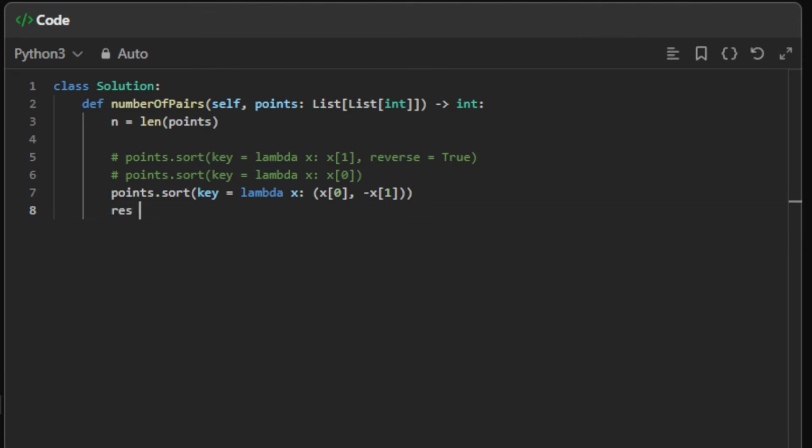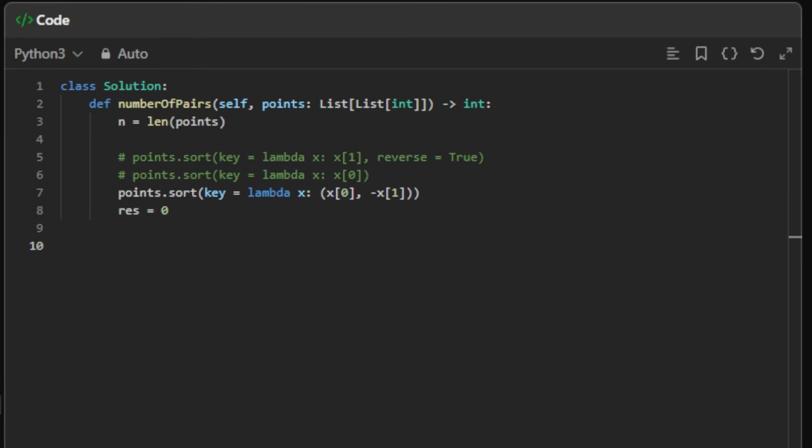Now the result is initially 0, and for i in range n, for j in range from i plus 1 to n.